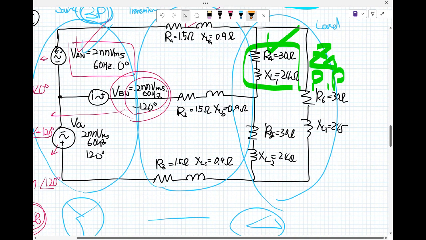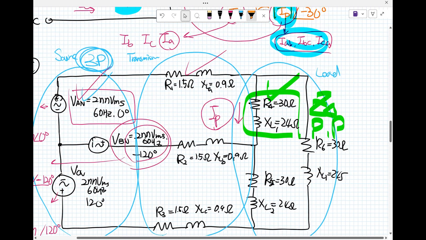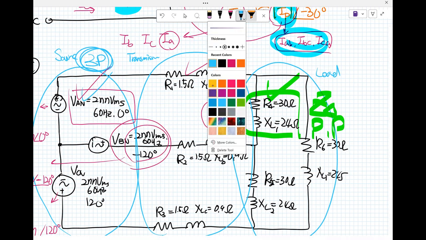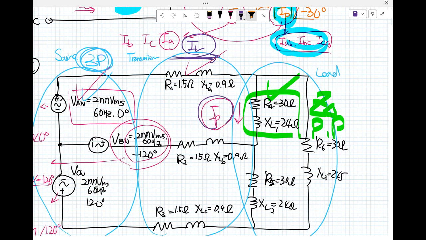What is the phase current here? Now, in another color, let's say purple, we know I sub L, and we want to look for the I sub P in the delta connection, right?